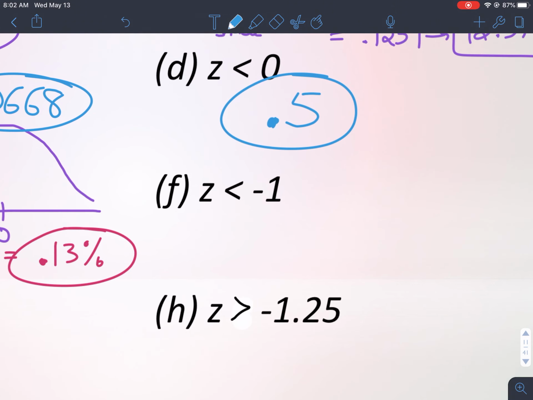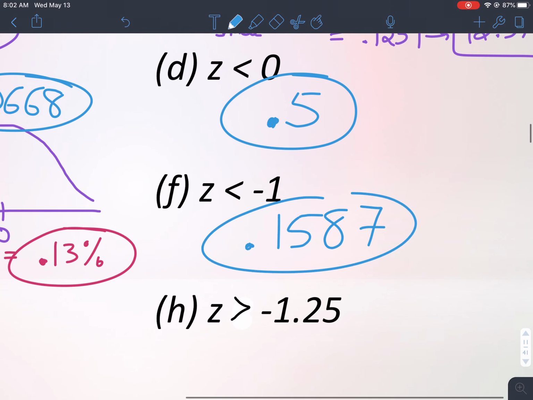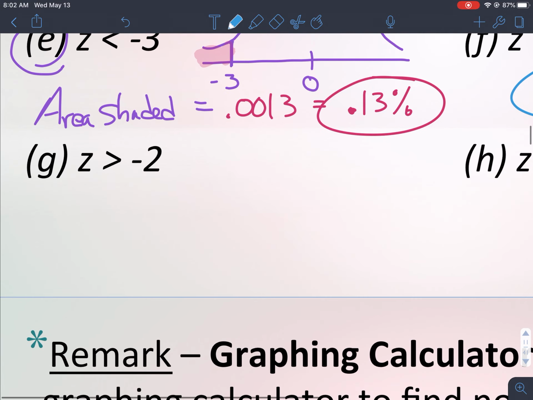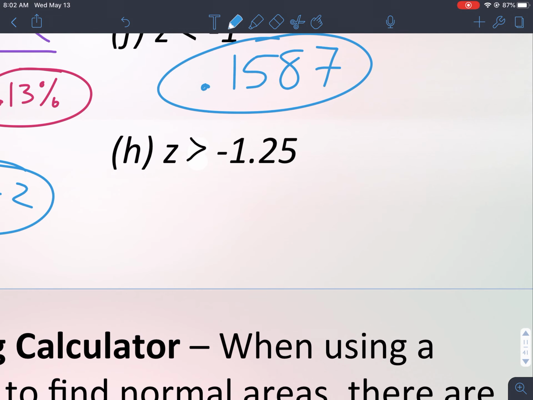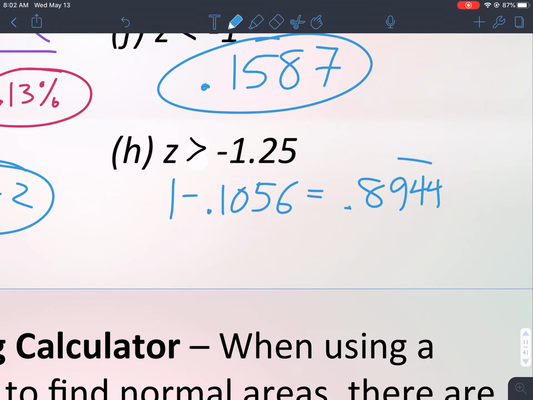Part F is going to be 0.1587. Part G is going to be 1 minus 0.0228, which is 0.9772. And part H is going to be 1 minus 0.1056, and that's 0.8944.